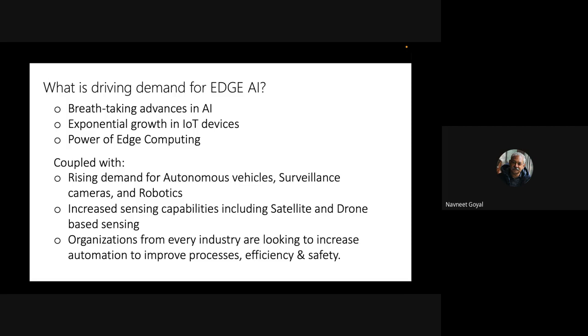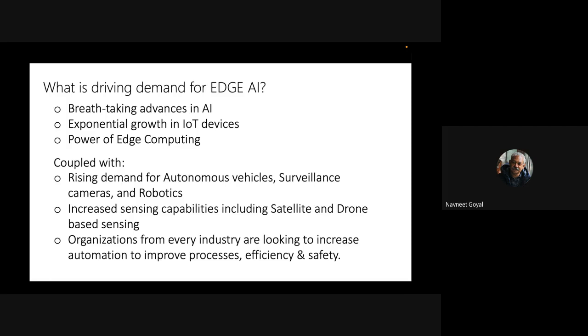And increased sensing capabilities, including satellite and drone-based sensing. In the last few years, again, the sensing capabilities have gone up, right? So we can actually sense almost anything that is happening around us. The advances in sensor technology are generating a lot of data, and demand, of course, for analyzing this data in real time.